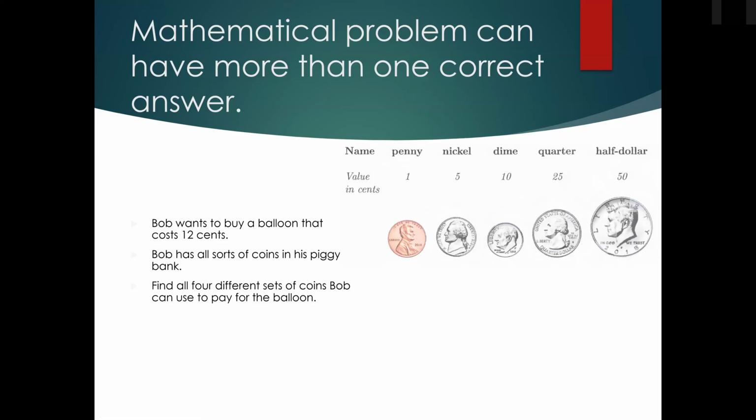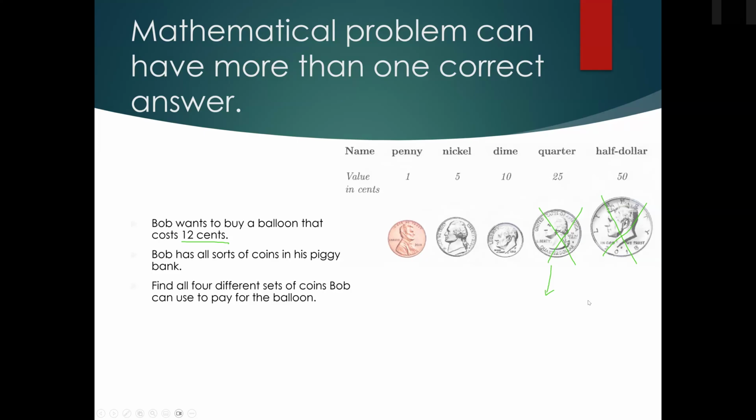Okay, so off the bat, we know that, let me annotate, the four sets of coins cannot contain a quarter and it cannot contain a half dollar. The reason is because if the balloon costs 12 cents, and let's say we have a quarter, there's no coin that can subtract cents from another coin.